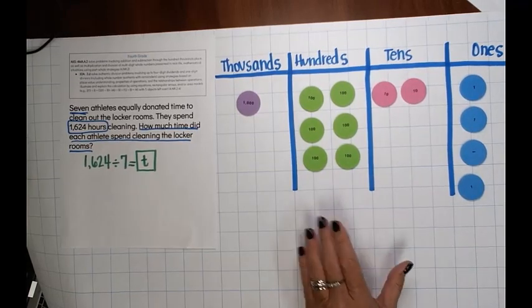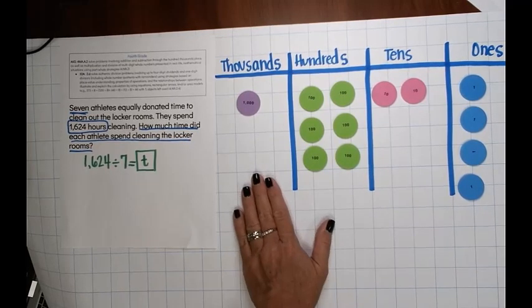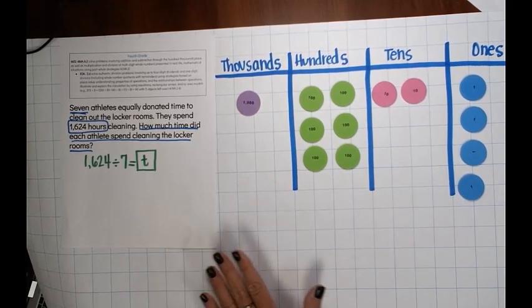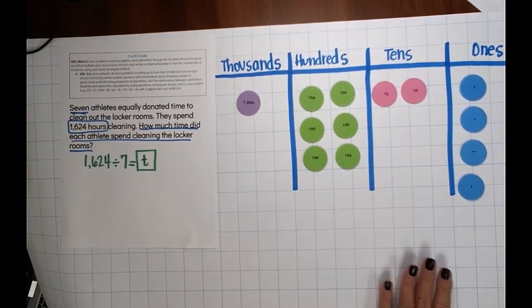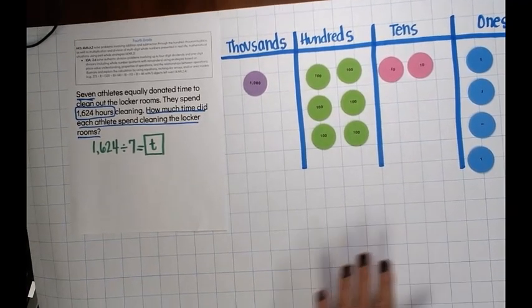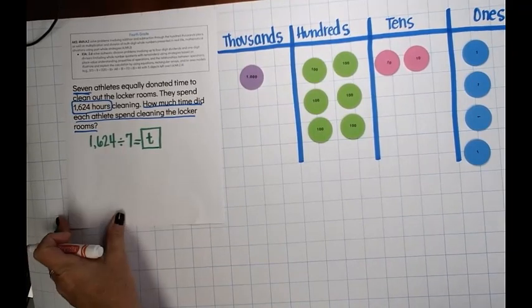So now let me think. I have to take this total amount, 1,624, and equally give time to 7 different players. So what I'm going to do is go ahead and draw myself 7 circles.